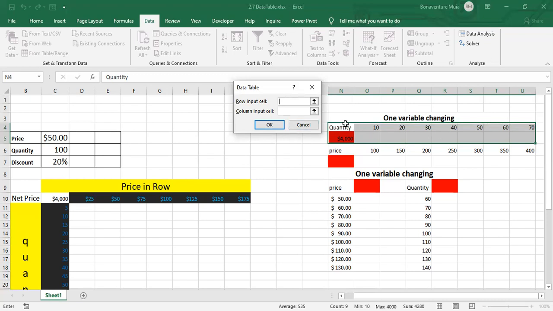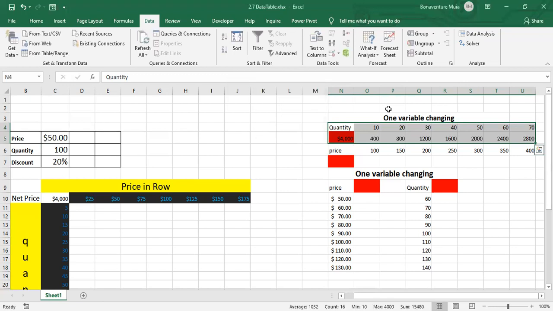We don't have the column, only row. So on the row input cell, I want you to reference quantity on this small table here. Once you reference the quantity, I want you to click OK.